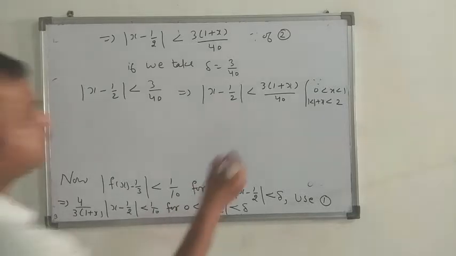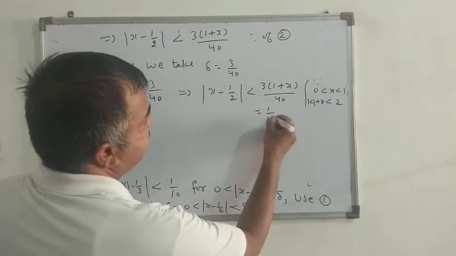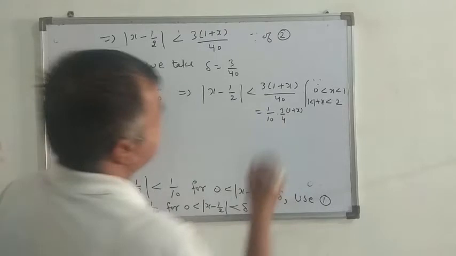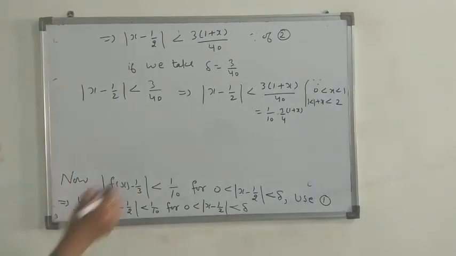So I can write it as 1/10 times 3/4 times (1 + x).